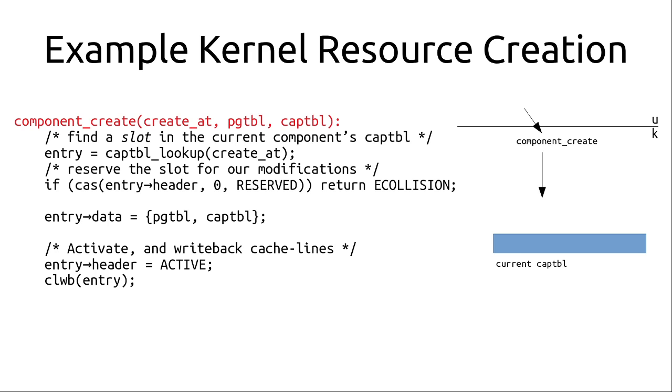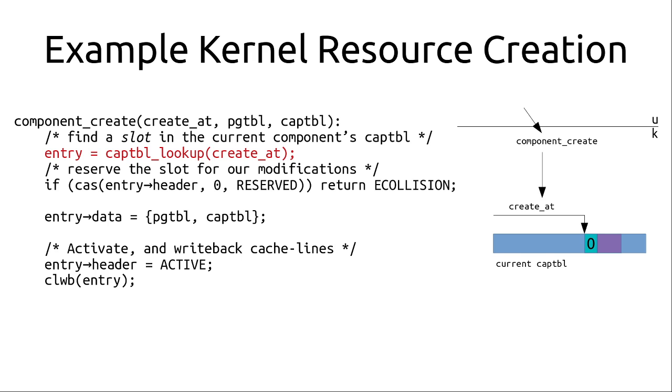And if we look at the code, what we're effectively doing is looking up some offset in the current capability table, and trying to create a component at that location. What this code is saying is effectively that it should create a new component at that location in the capability table using the page table and capability table that are passed in.